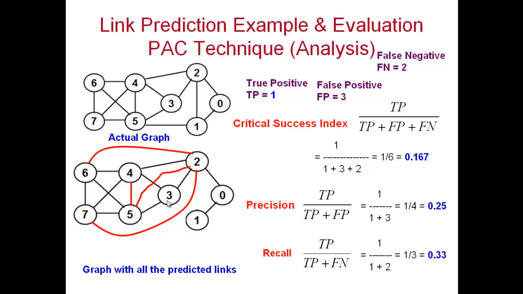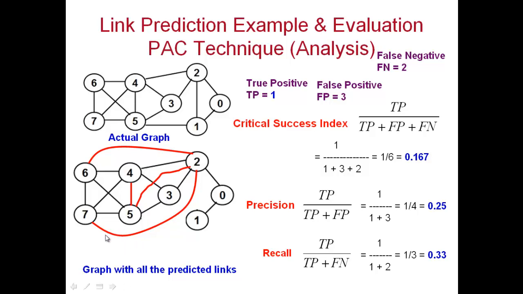You're not going to really measure true negatives in this case, because true negatives means you are not predicting a link that is not part of the graph, and there are several possible node pairs like that. For a small analysis like this where you're predicting only 3 links, the number of true negatives is going to dominate too much. So we are going to completely avoid true negatives and measure only true positives, false positives and false negatives.